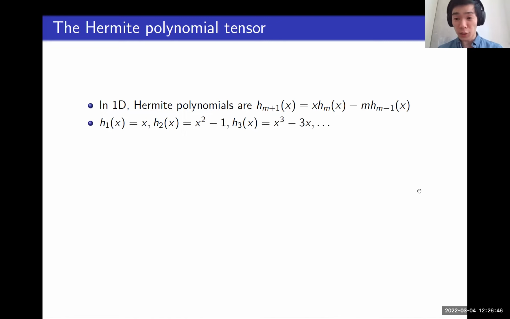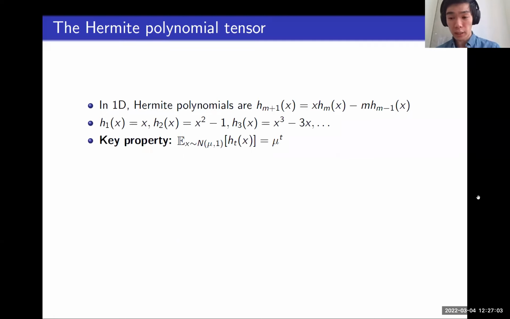The key reason why Hermite polynomials play very nicely with Gaussians is the following. In 1D, if I have a variance 1 Gaussian with mean mu, then the expectation of the t-th Hermite polynomial is mu to the t. So this gives me powers of the means.